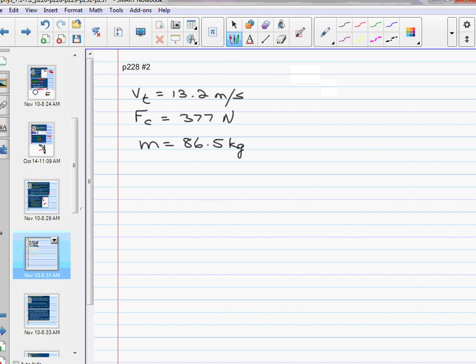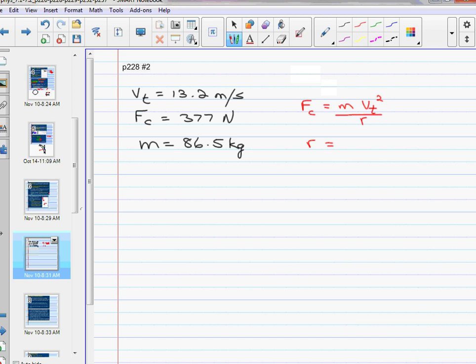Well, again, if we know the formula, it's pretty straightforward. What is the formula for centripetal force? That's m v sub t squared over r. Whoops, I used the wrong v, there we go, v sub t. Tangential speed, that's what the t is talking about. Okay, we're trying to solve for r again, aren't we?